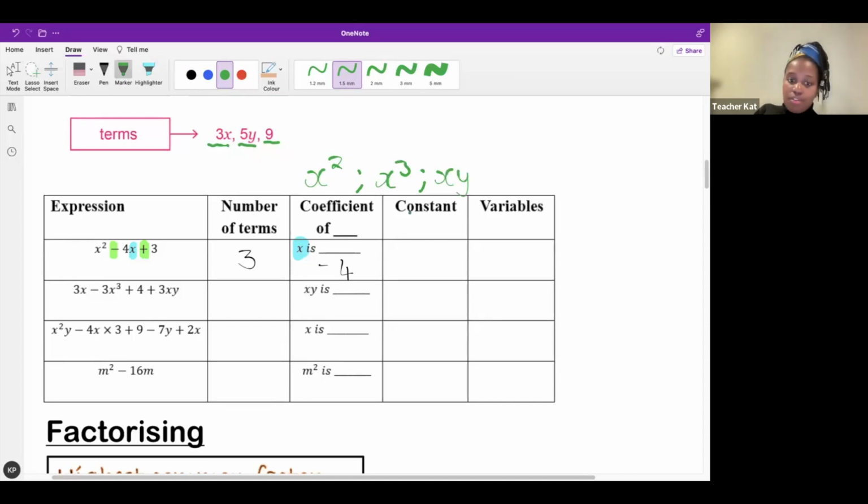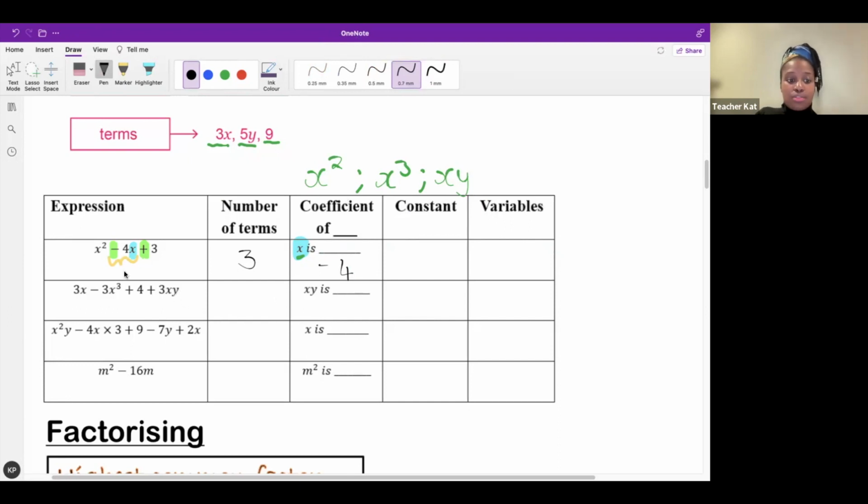That's not what I'm asking for. I want the one with just x. And in this case, another mistake that is common that I saw in the chat, you have to take your coefficient with your symbol. It is not a 4, it is a -4. All right. So those are things to look out for.